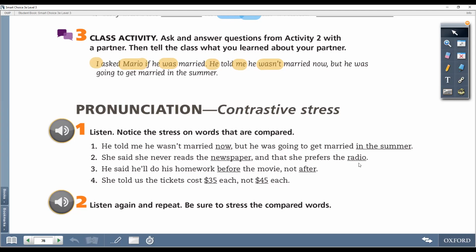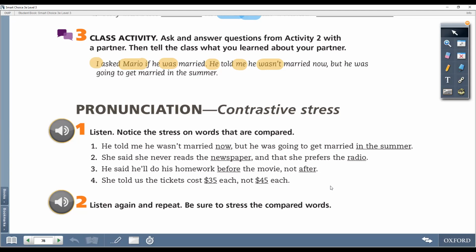The next one, she said she never reads the newspaper and that she prefers the radio. Now, number 3, he said he will do his homework before the movie, not after. And number 5, she told us that the tickets cost $35 each, not $45 each.